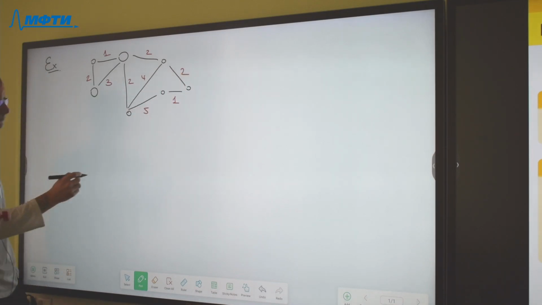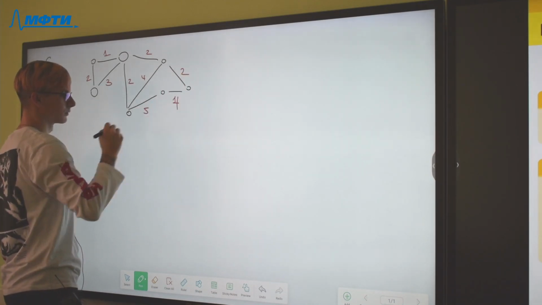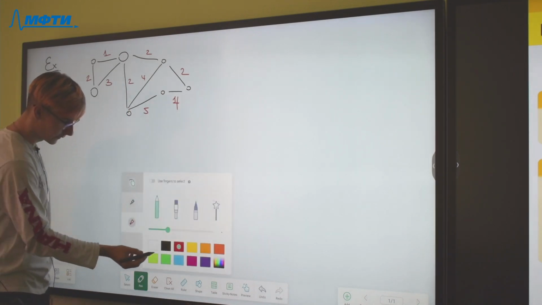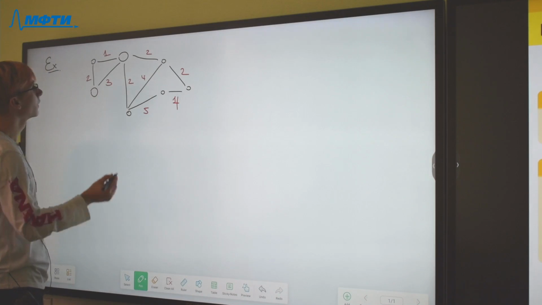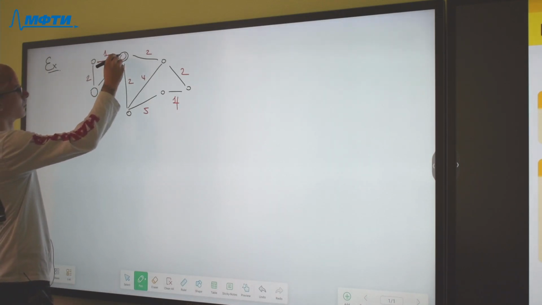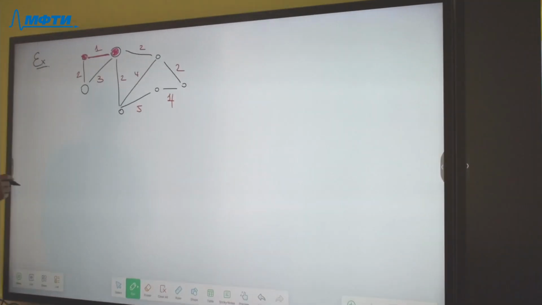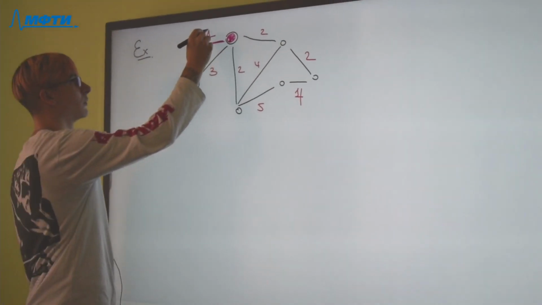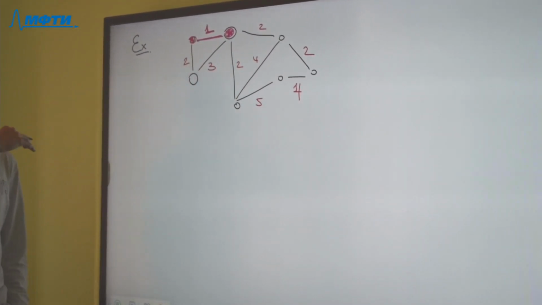Let's set this one to 4. Okay, and we see that in this graph we have only one edge with the cost 1, that is the minimum of the weights of the edges.